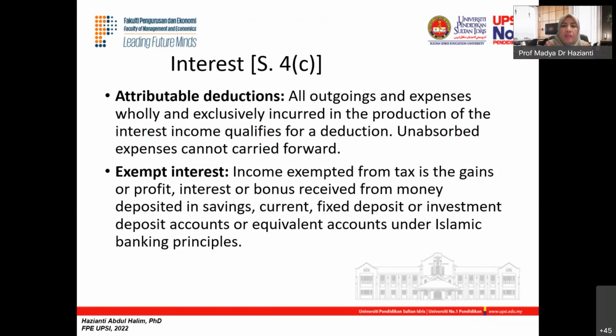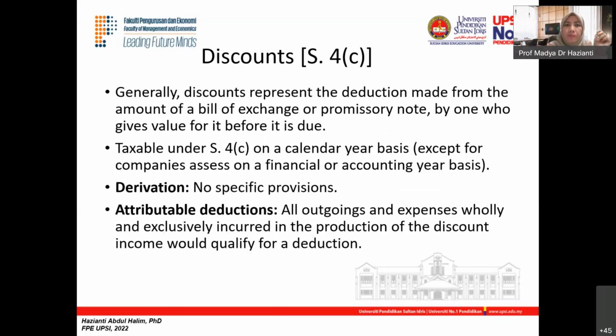So exempt interest, interest received from money deposited in savings, current, fixed deposit or investment deposit account. So if you save money in Islamic account, dia tak panggil interest, dia panggil investment account. Bukan savings account, dia investment account. So whatever savings that you have in a bank and you get the interest from that savings, it is exempted, which means tak perlu bayar cukai. But remember, jangan lupa dalam calculation, walaupun exempted, tulis interest dash, dividend dash. Jangan tinggal dia semua, tak ada markah nanti.